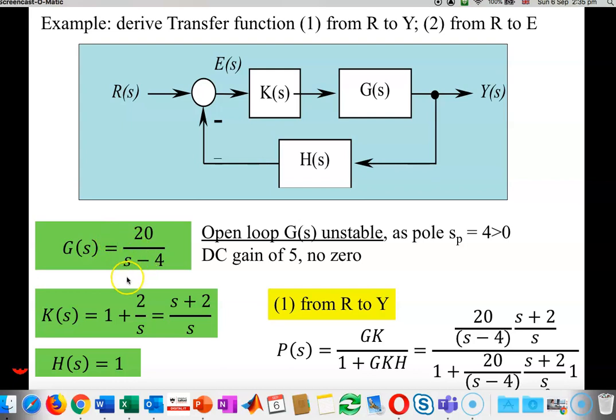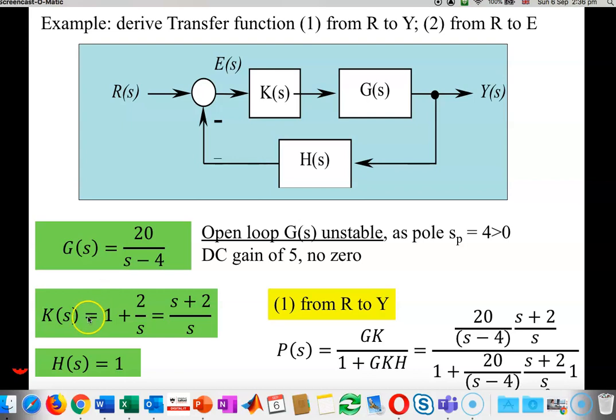To find the DC gain, you just set every s in the transfer function to 0. So 20 over minus 4 gives me minus 5. We have no zeros because the numerator can't be equated to 0. So this open loop does not have a zero, but it has a DC gain of minus 5. It has a pole of positive 4, and it represents an unstable system.